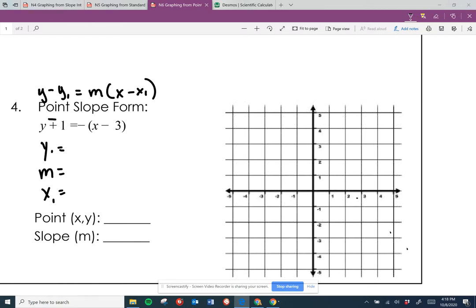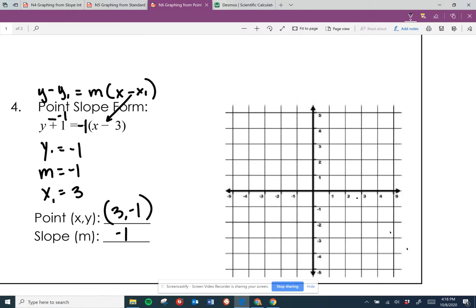So that means they substituted that minus a negative 1. So my y value is negative 1. My slope just has a negative out here. Anytime you see just a negative, that's the same thing as negative 1 as a slope. Negative 1. And then I have my minus there, so that's just a positive 3. So my point is 3, negative 1, and my slope is negative 1.